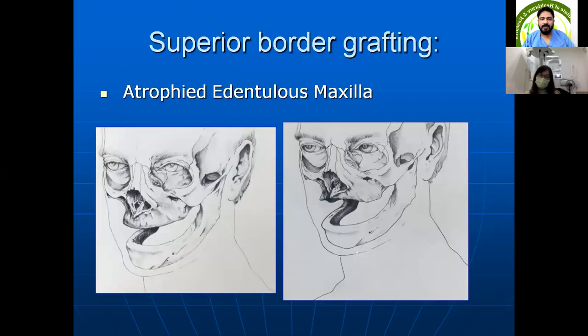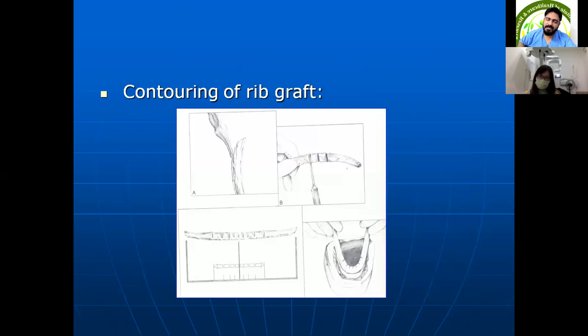In superior border grafting, for an atrophic edentulous maxilla, the graft is taken from the rib. So the rib graft is contoured into the shape. Small cuts are made so that it can be bent.